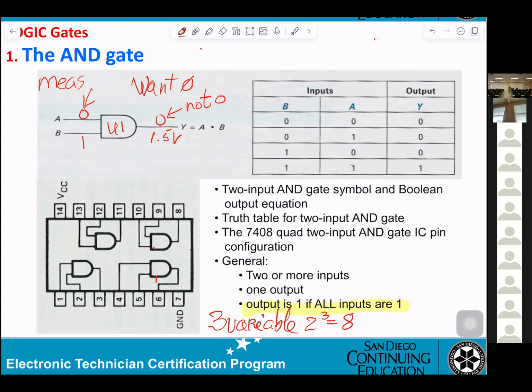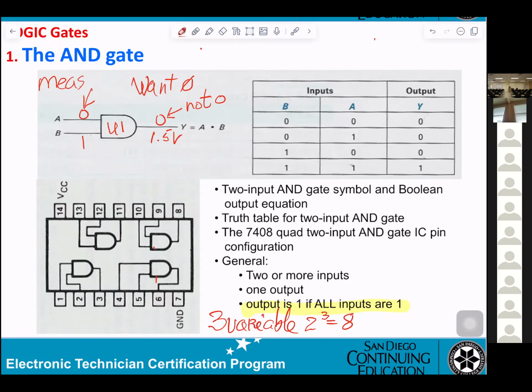That's what you want. Then tell me what you want next. Measure B. You have to come up with something. Again, you measure the output. You want 0, but you do not get that.